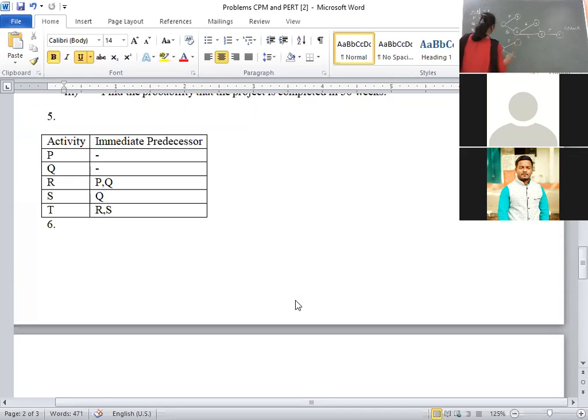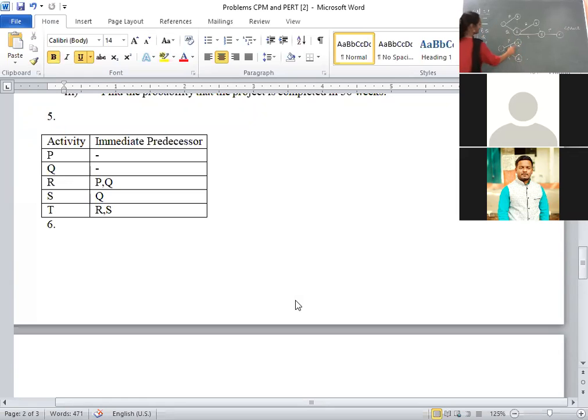Why am I doing this? I will tell you. Here, P and Q are completed, then I will draw an upward arrow. That's why I have taken Q as node 2 and this as node 3.